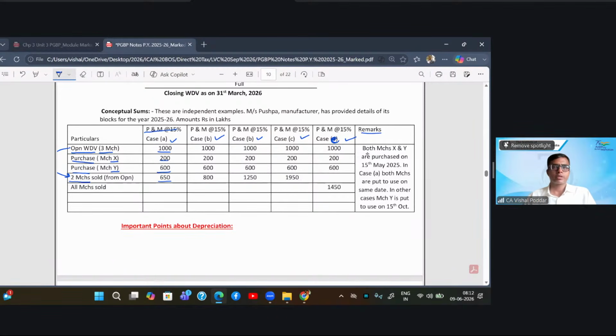Now, in remarks, what is given? Both these machines X and Y are purchased on 15th May. In case of A, in this case study, you have to assume that both machines are put to use on the same date. So for case study A, both machines are purchased and put to use both on 15th May.